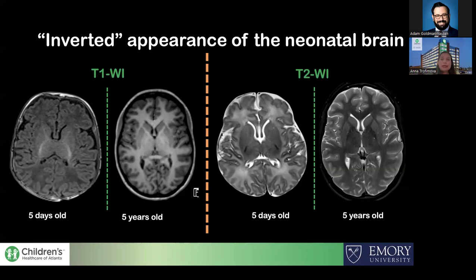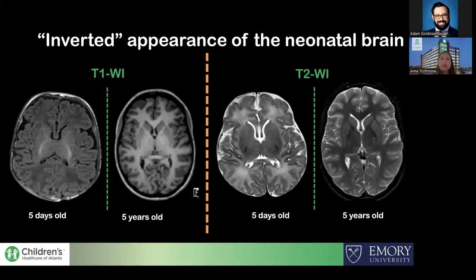As you can see, the neonatal brain has this inverted appearance in terms of the gray and white matter signal intensities compared to the older child, which is related to the fact that initial T1 and T2 values of white and gray matter of the neonatal brain are higher than those of older children and adults. Along the course of the first 2 years, the developing brain eventually obtains the appearance that we see in older children and adults.